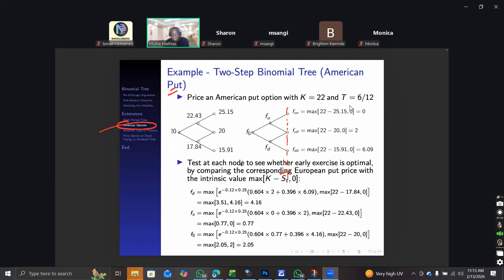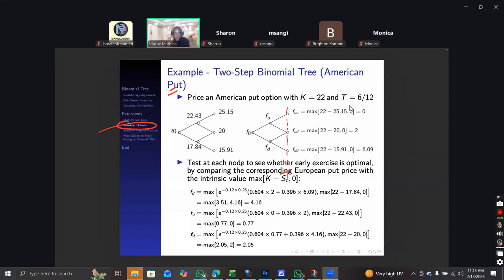By the way, the binomial tree is the only method you can use to find the price of American options. Of course, we have the Black-Scholes model, which is very powerful, but it is very helpful when you want to find the price of a European option. When it comes to American, of course, we have some approximations, but I think binomial is very powerful when it comes to Americans, and you'll see the reason why.